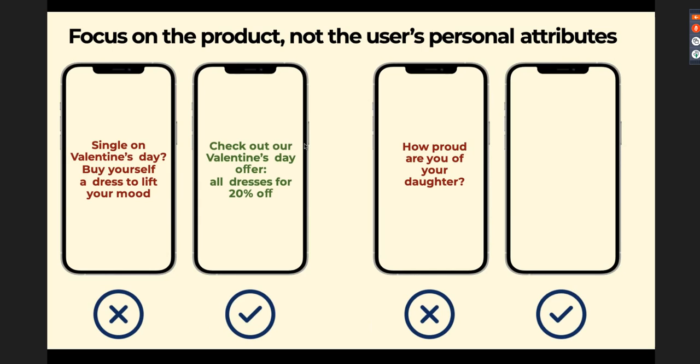Instead, you can say "Check out our Valentine's Day offer, all dresses for 20% off." Next one, "How proud are you of your daughter?" Again, this is appealing to a personal attribute, talking to a father who has a daughter. Instead, "Check out personalized gifts for daughters."